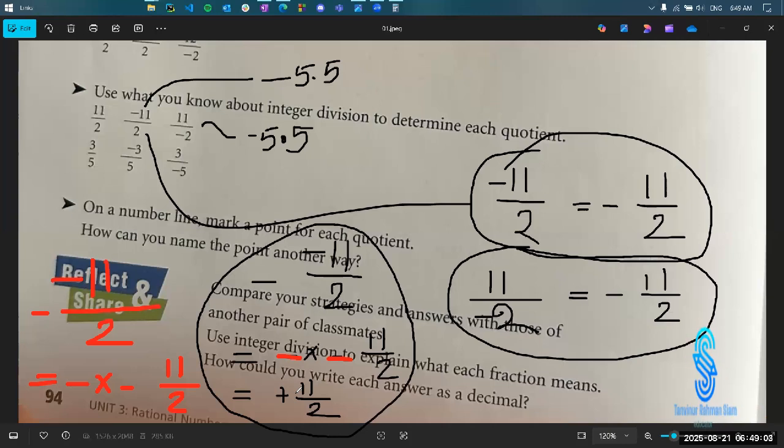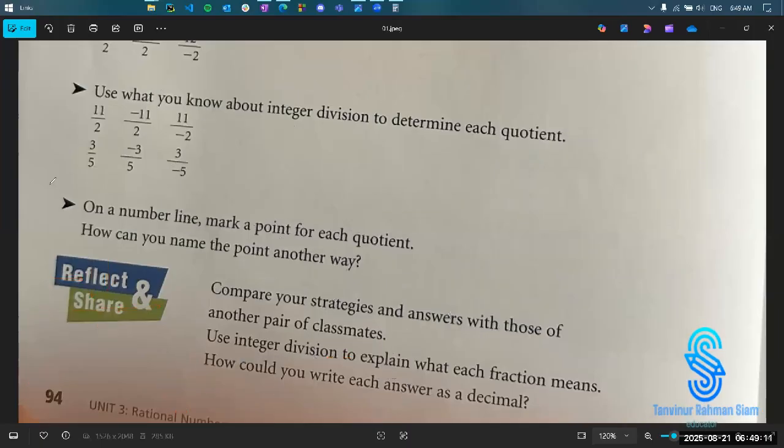Done? Yeah. Okay. So after that, we have 3 divided by 5.